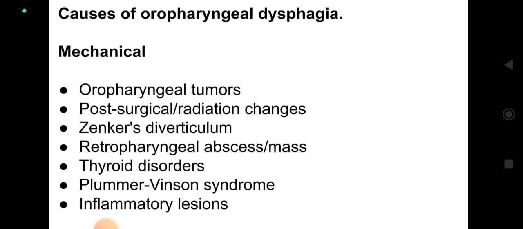Causes of oropharyngeal dysphagia may be mechanical or motor. Mechanical causes are oropharyngeal tumors, post-surgical radiation changes, Zenker's diverticulum, retropharyngeal abscess, mass, thyroid disorders, Plummer-Vinson syndrome, and inflammatory lesions.